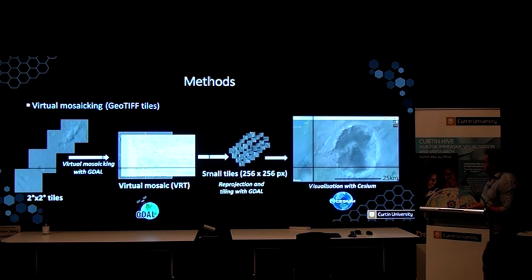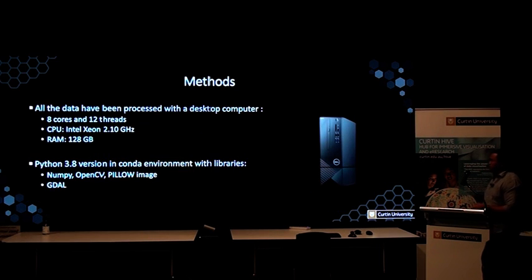It is called Cesium. So in terms of data processing, all the data has been processed with a desktop computer at the Space Science and Technology Center, which has an 8-core, 12-thread CPU, and 128 gigabytes of memory.